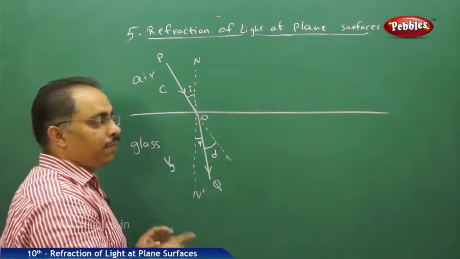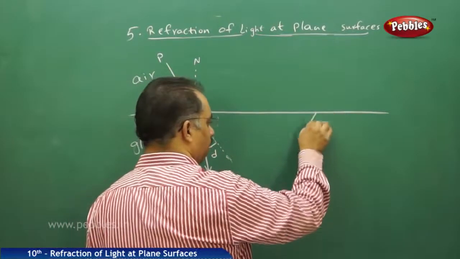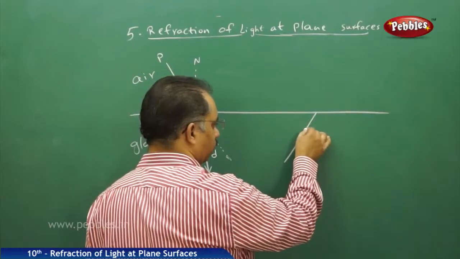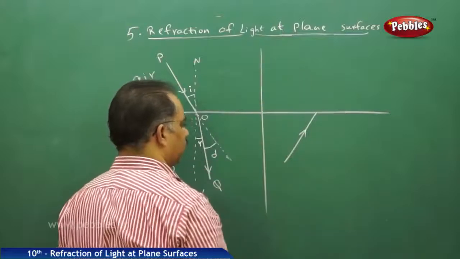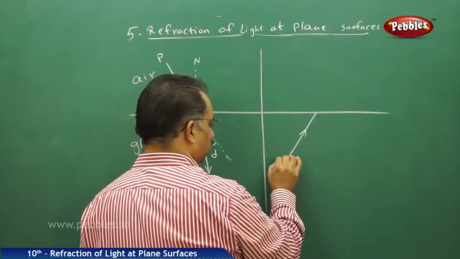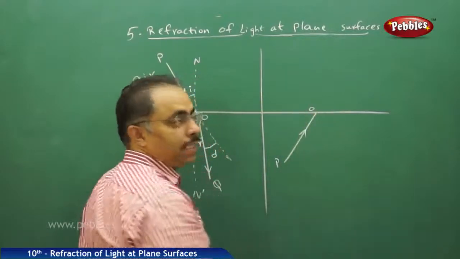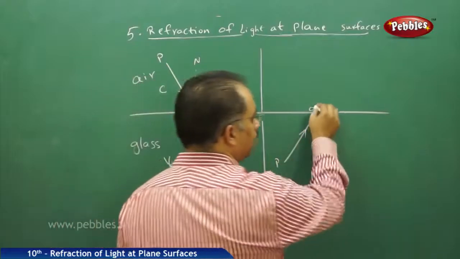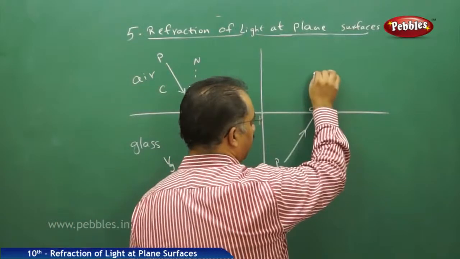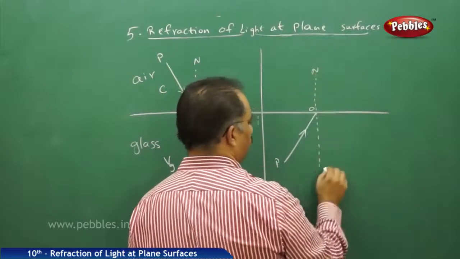Unlike this, if we take the other way around, whenever a light ray is traveling from, say, glass into air, there is another situation. Now P and O, this is the incident ray and it is traveling in glass. O is the point of incidence. Here I draw a normal NO N dash.